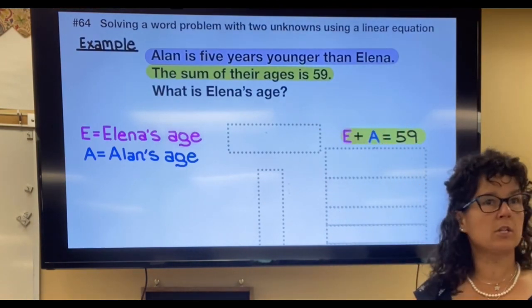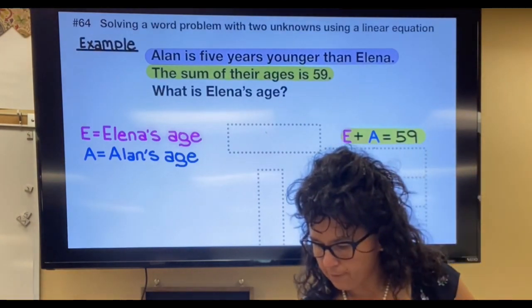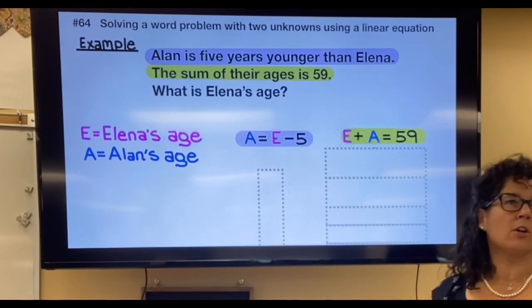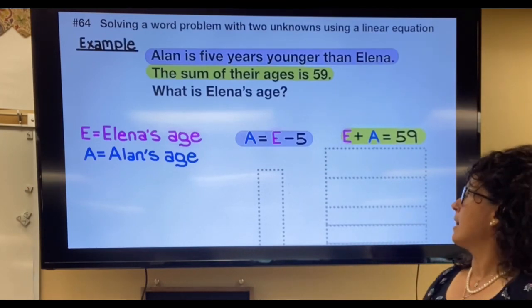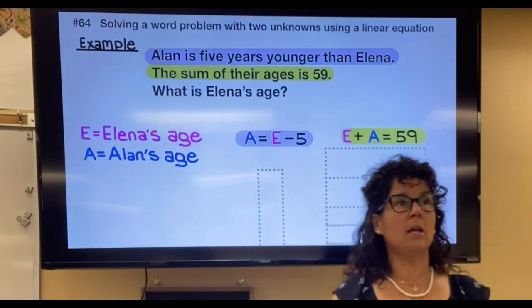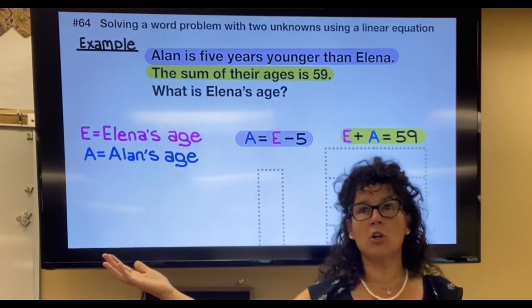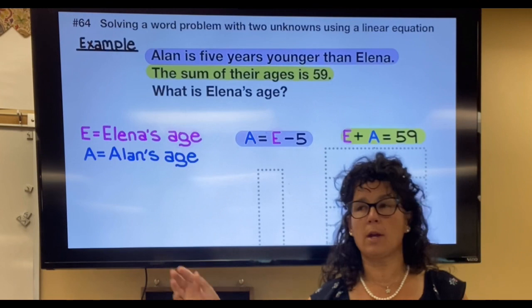to the younger person. It would be fine if you decided, even though it says younger, and you wanted to say that the younger person plus 5 is the older person's, that equation also works. It doesn't matter which one.